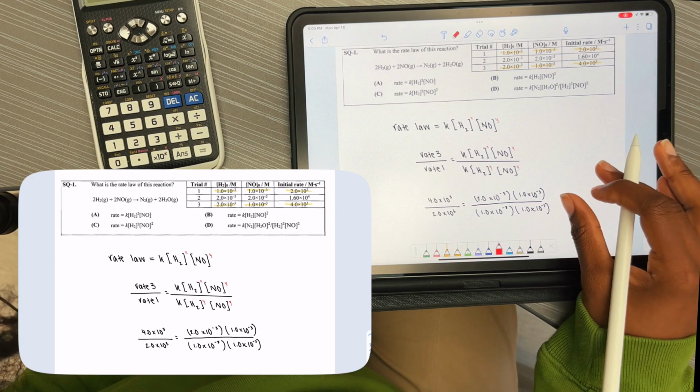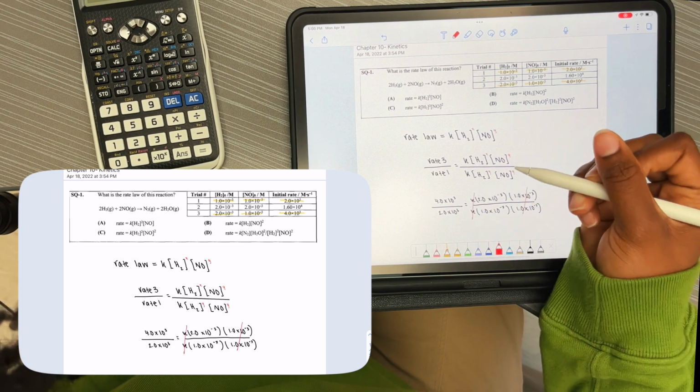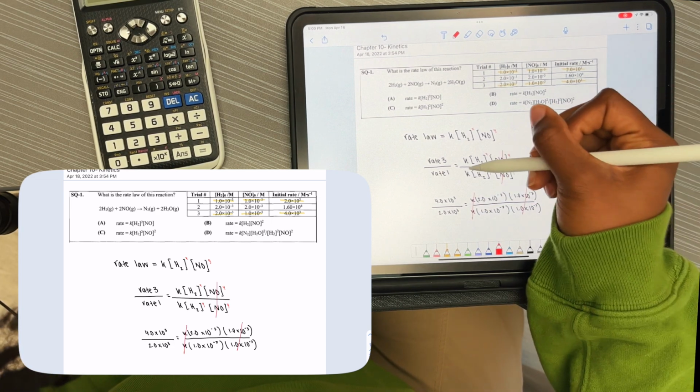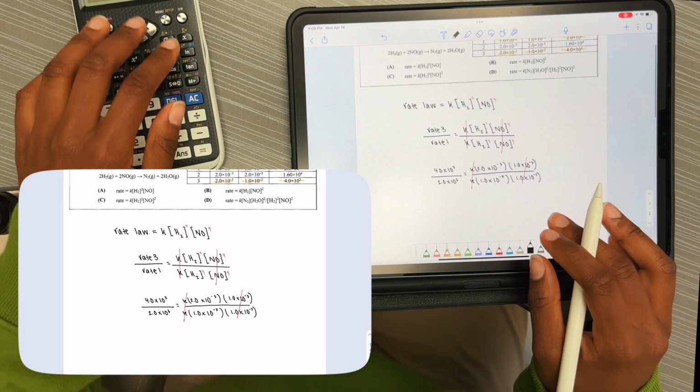So now we will begin to cancel out our common constant, which will be our K's, and concentration of our nitric oxide gas. So now we're going to use our calculator to solve for this.